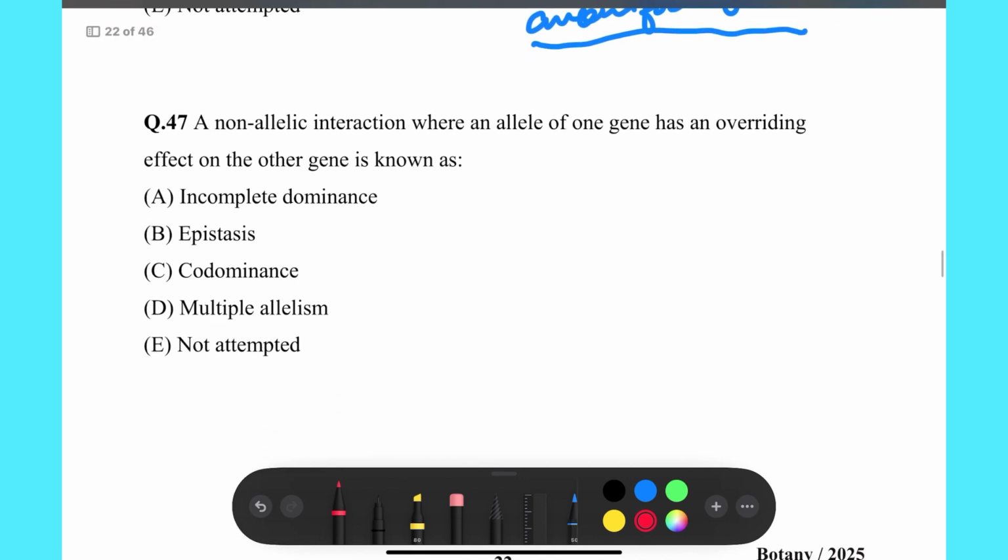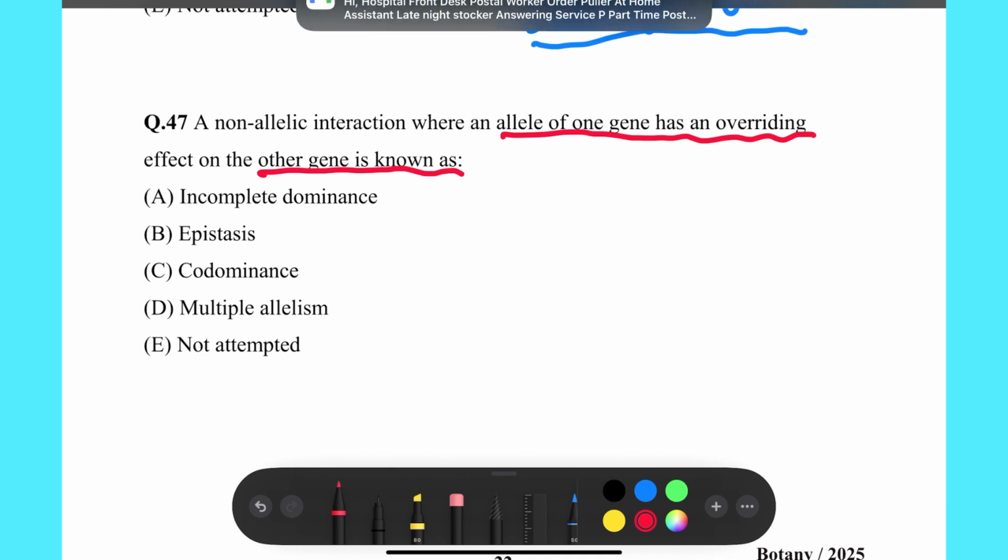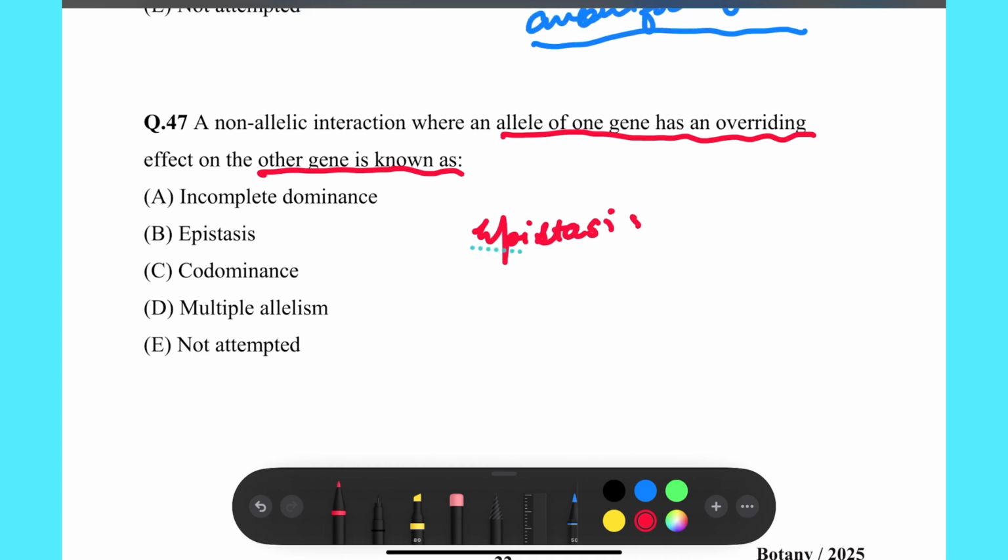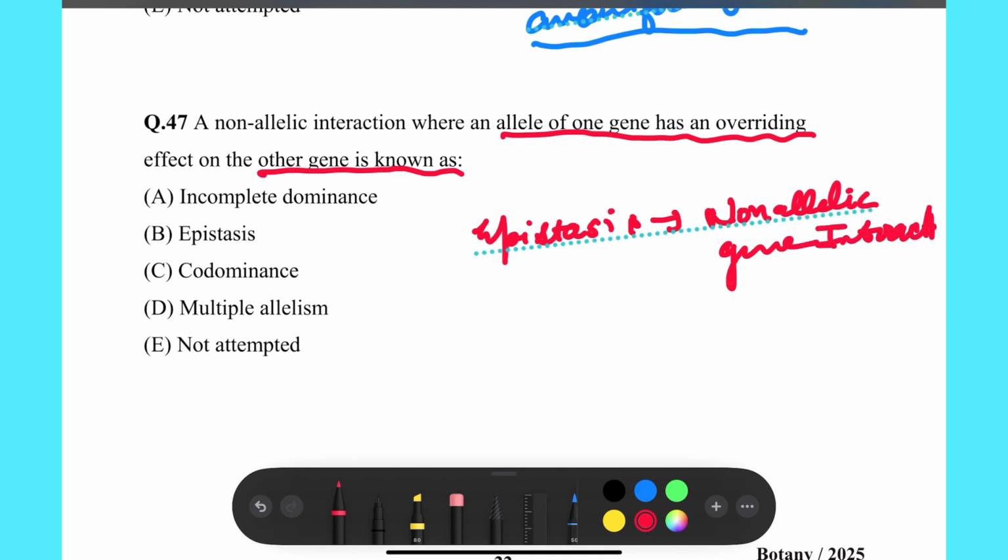A non-allelic interaction where an allele of one gene has an overriding effect on the other gene. Overriding means, see, epistasis, it is a non-allelic gene interaction, okay.